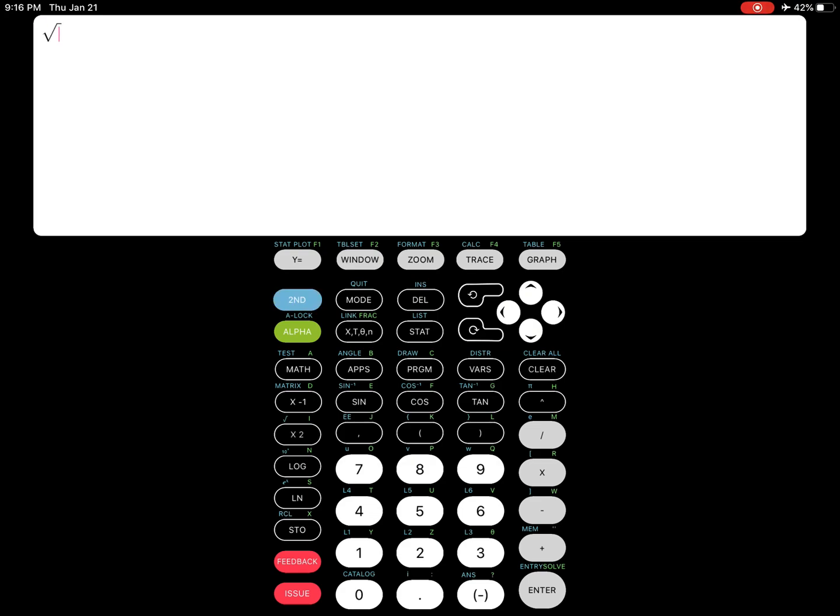So we need a big square root, and we need 360 times 190 times 160 times 10. Okay. And if we round that off, let's say to the 10th, that is 10,461.4.